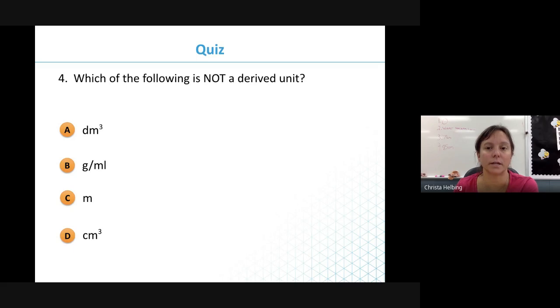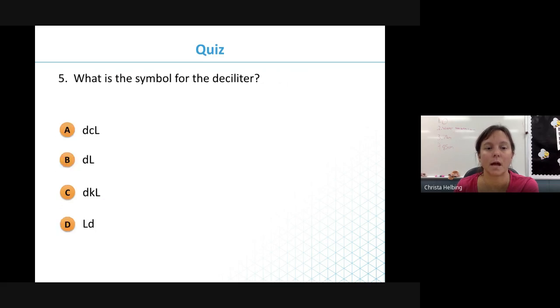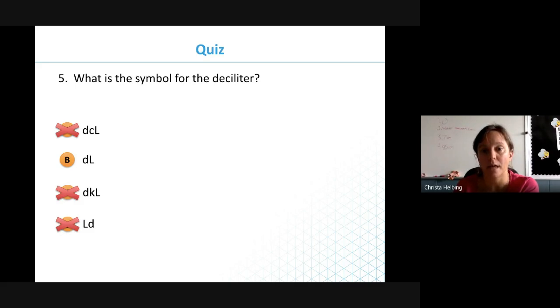And the answer is meters. And then what is the symbol for a deciliter? DCL, DL, DKL, or LD? And the answer is D, lowercase d, capital L.